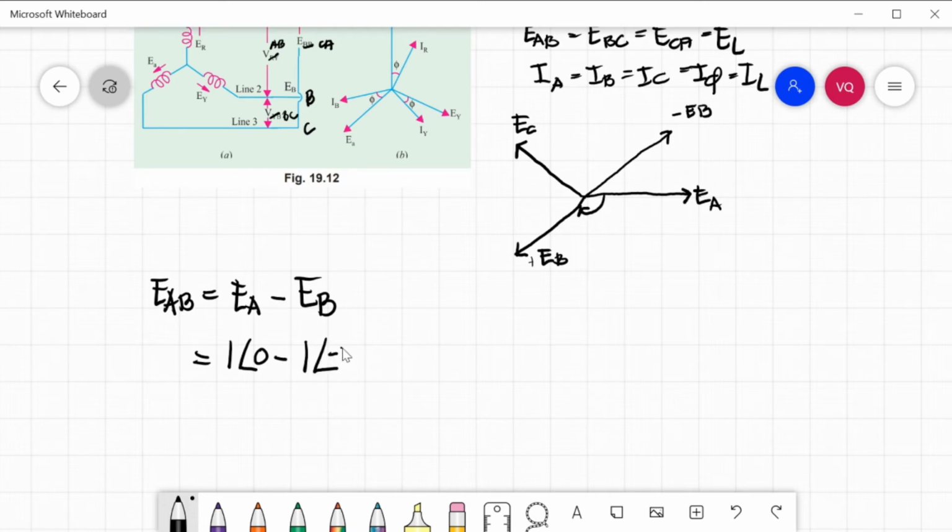So we will get square root of 3 angle 30 degrees. So if you add these two, or the difference of EA and the negation of EB, we will have your EAB. So this will now be the resultant.